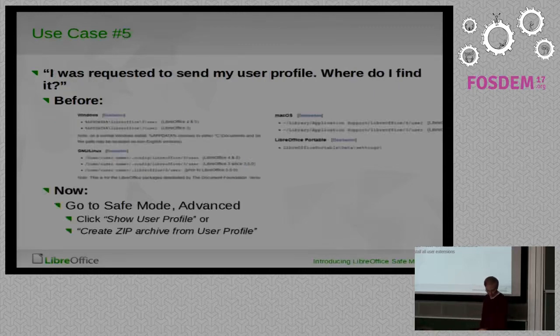Okay, another use case: I was requested to send my user profile to some bug tracker or support system. Where do I find it? Before, we had a nice wiki page with instructions.